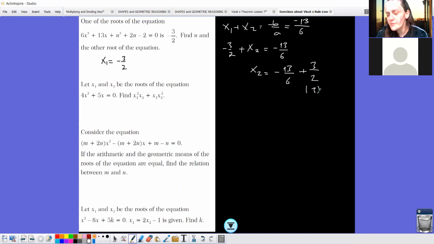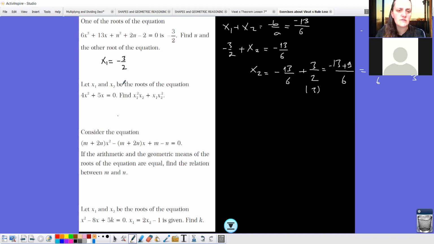Here I will multiply by 3, and then I will get minus 13 plus 9 over 6. Minus 4 over 6, or minus 2 over 3. We found the other root.